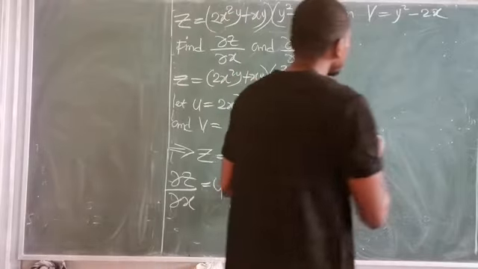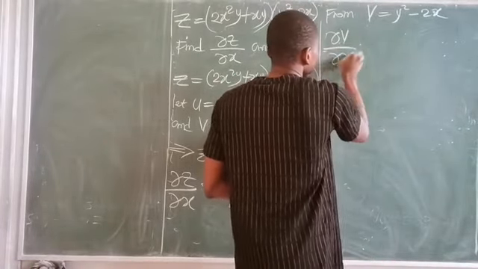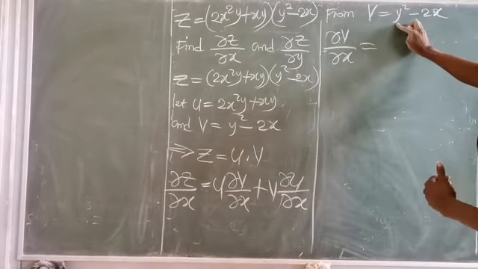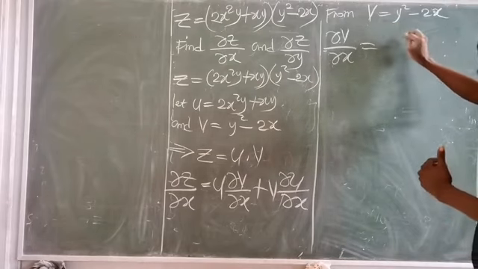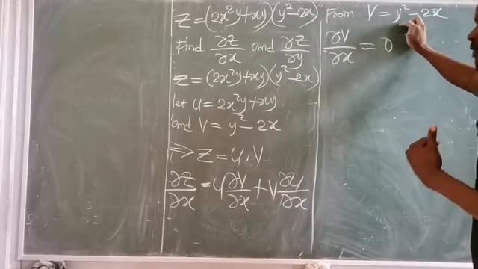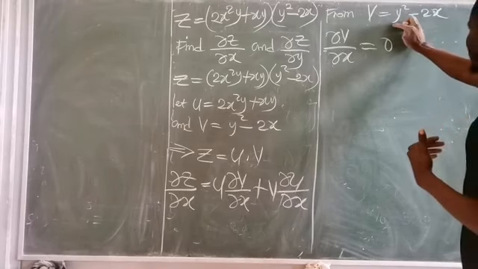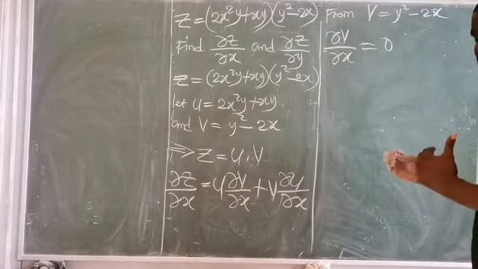Okay, that means from here I will simply have partial v partial x equal to, since this is a constant, the derivative of a constant is 0, so this gives me 0, because y does not contain x. So the derivative of every constant is 0. Since there is no x here, the derivative of y squared automatically gives me 0.